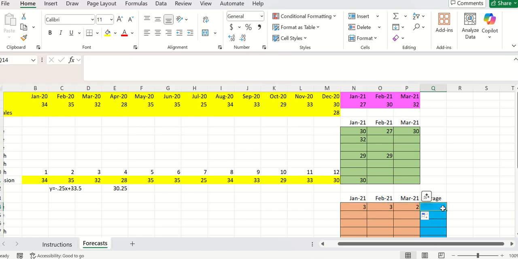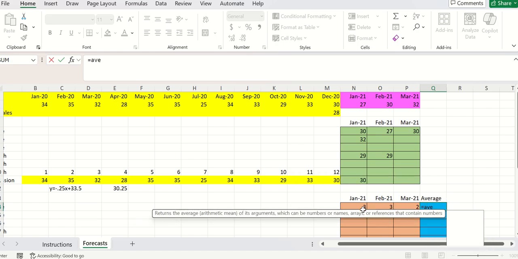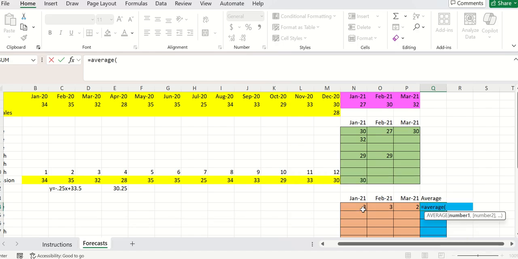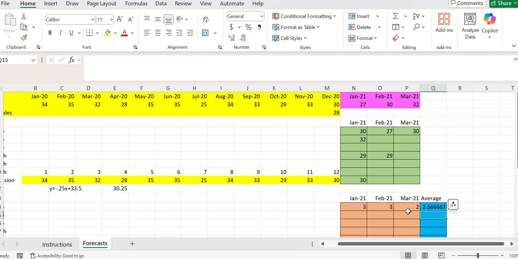Okay. Now that is the absolute deviation. What I'm looking for is the mean absolute deviation for the 3 months that I have. So that is the average of all of my absolute deviations for that.